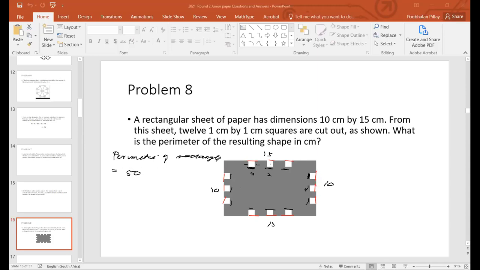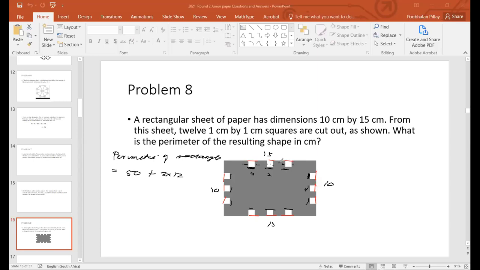This number is the same as that plus that plus that plus that plus that plus that. And that is falling short of the perimeter that we are looking for. It's falling short of it by 12 twos. Because it's missing these two, it's missing those two, and missing those two.